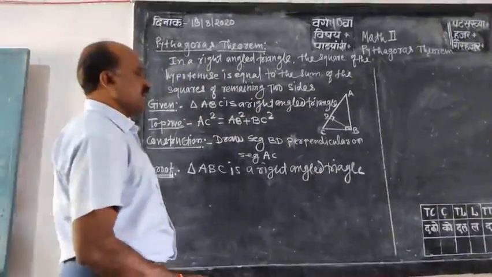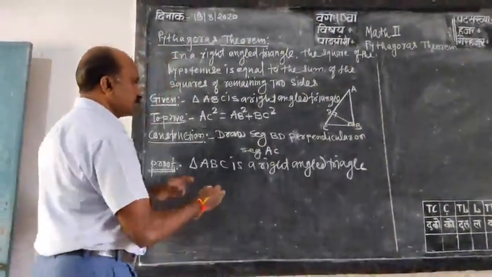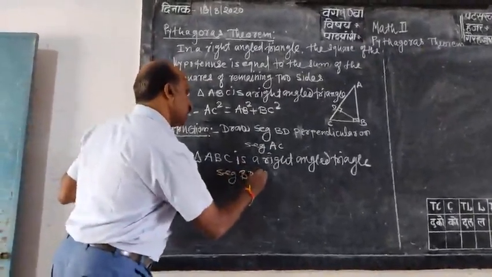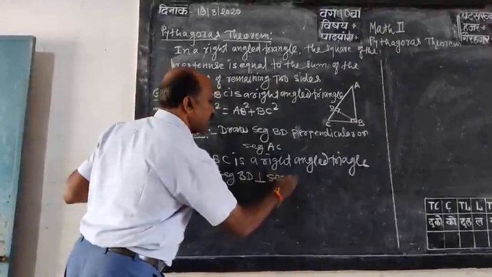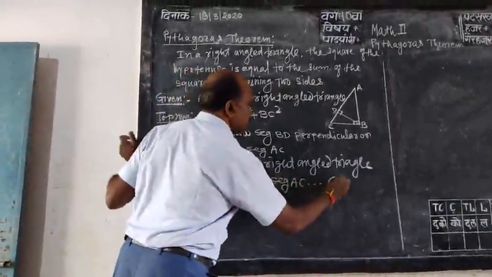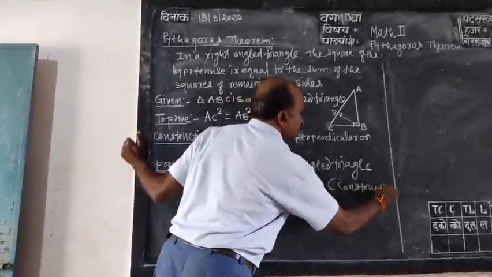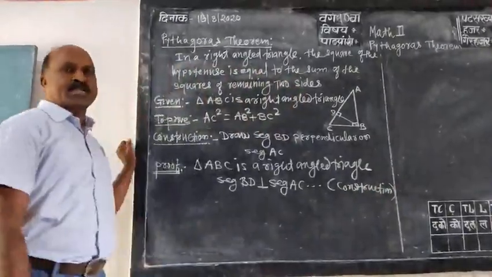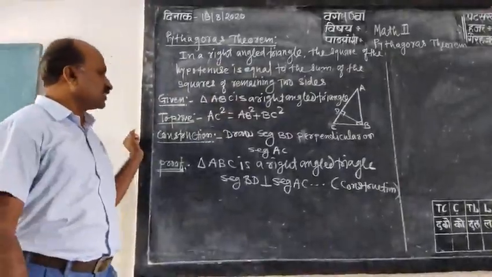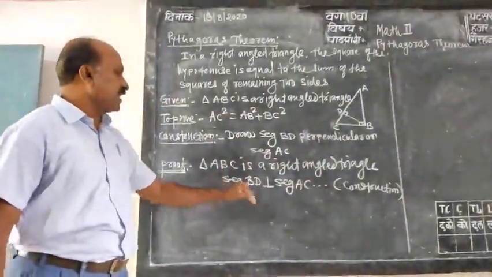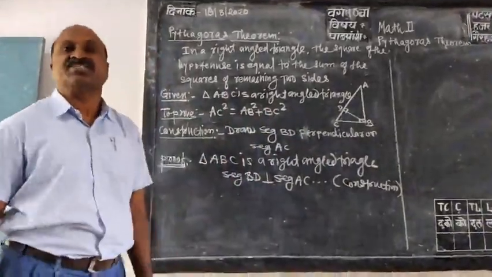Triangle ABC is a right angle triangle and segment BD is perpendicular to segment AC, by construction. You have to write this. These two conditions are very important while proving this theorem.